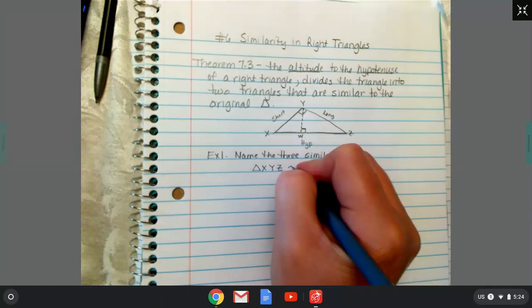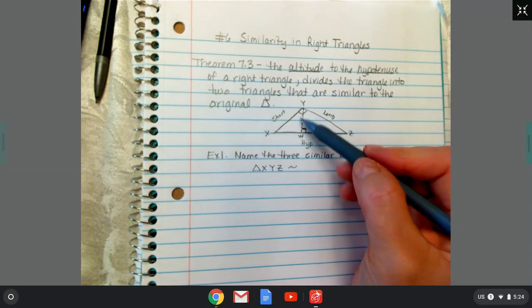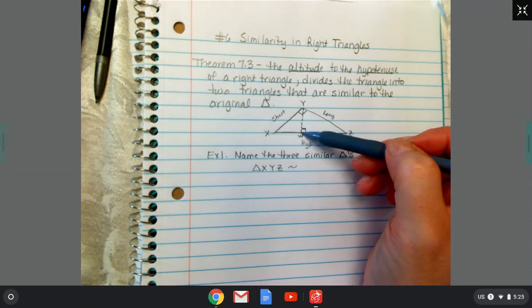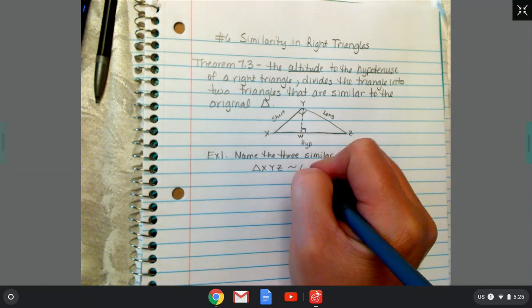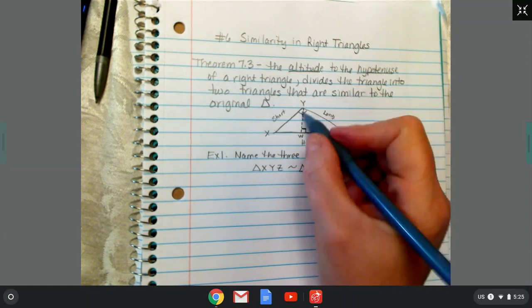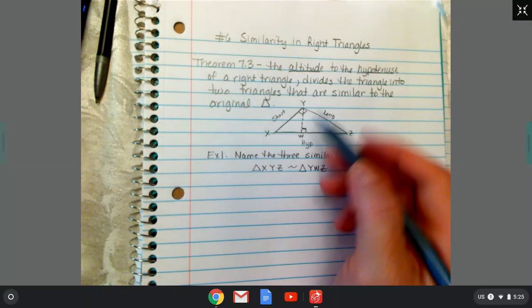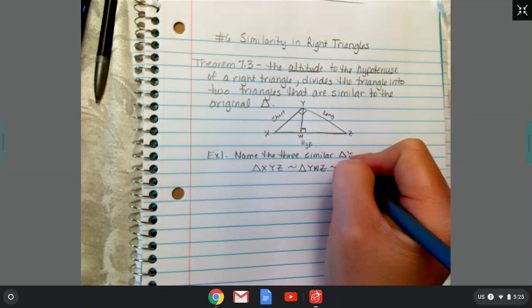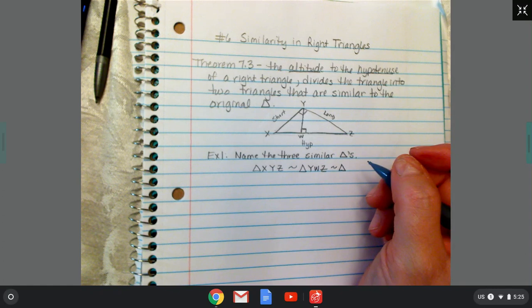I need to do that in a similar fashion with the next triangle. Okay, so then here I've got a short leg, a long leg, and a hypotenuse. And then this one looks a little weird. It's a little bit hard to tell with the way I've got it drawn. Usually in the book, they give you examples that you can tell real easily.